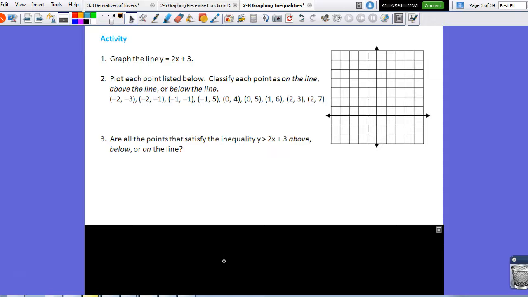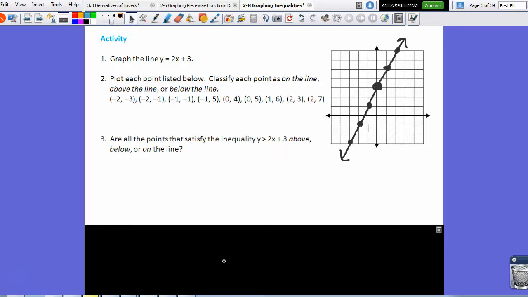Your slope is a positive 2. And then you're going to plot each of those points. And then you want to describe if the point is above or below or on.